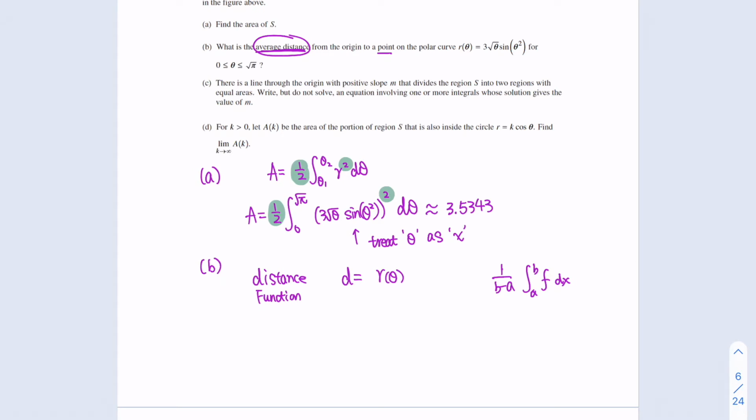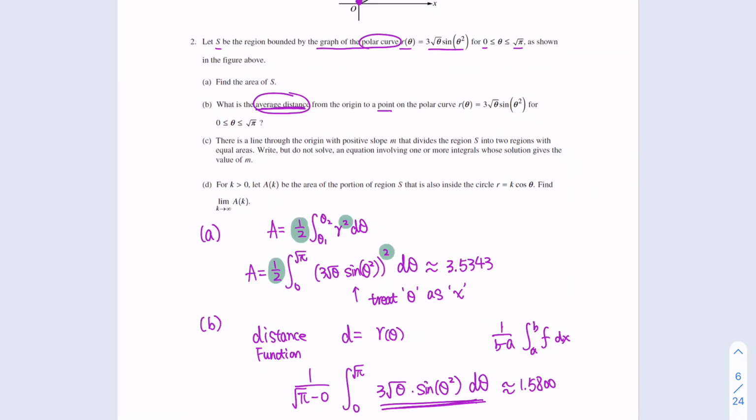In this case, instead of x, we are using theta. So 1 over radical pi minus 0, integral from 0 to square root of pi, where r is 3 radical theta sine theta squared d theta. You can plug this in your graphing calculator directly, and this will give you approximately 1.5800. Treat theta here as x when you use your graphing calculator.